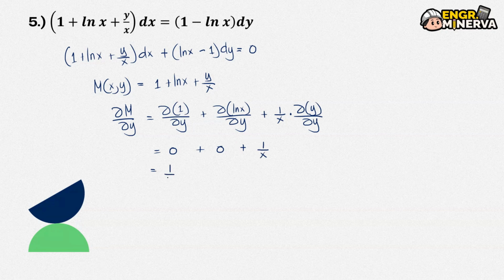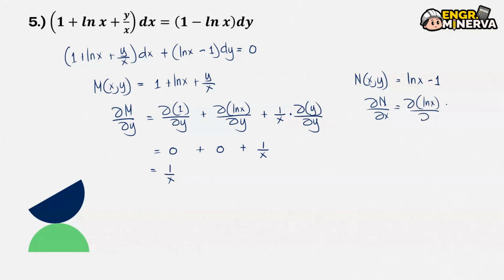So 1 over x. How about our N as a function of x and y? That would be ln of x minus 1. So the derivative of N with respect to x would be the derivative of ln of x with respect to x minus the derivative of 1 with respect to x.